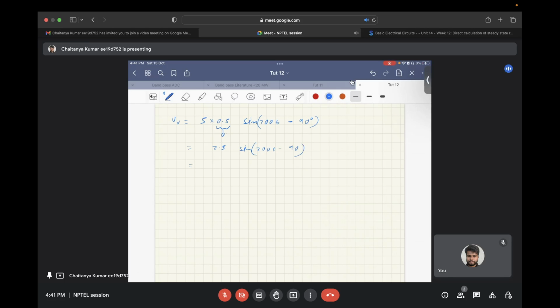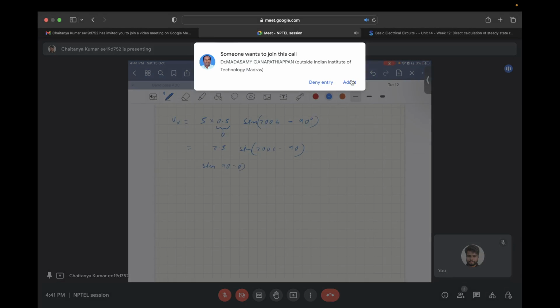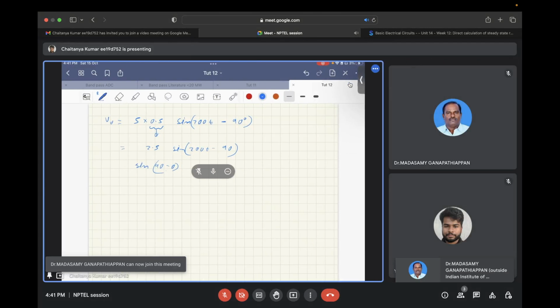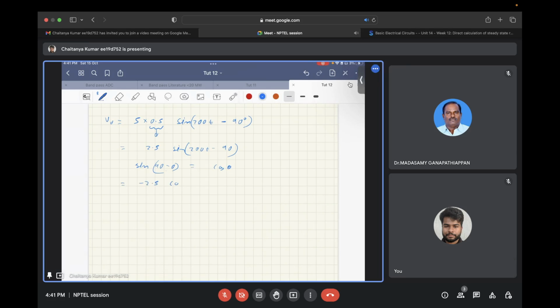Now this is equal to, so sine 90 minus theta is equal to cos theta. So this can be applied over here. So what you have over here is minus 2.5 cos 200t.